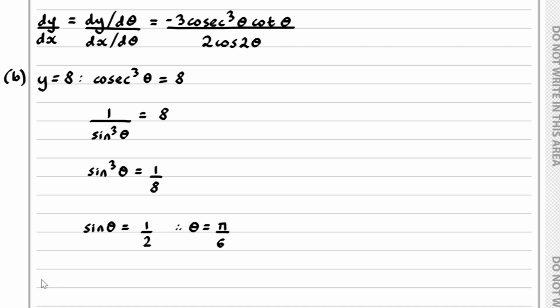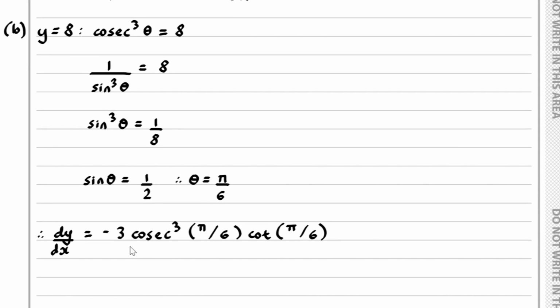And recognizing that theta is equal to pi over 6, we can therefore conclude dy over dx, we have minus 3 cosec cubed of pi over 6 times by cot of pi over 6 over 2 cos of 2 times by pi over 6.